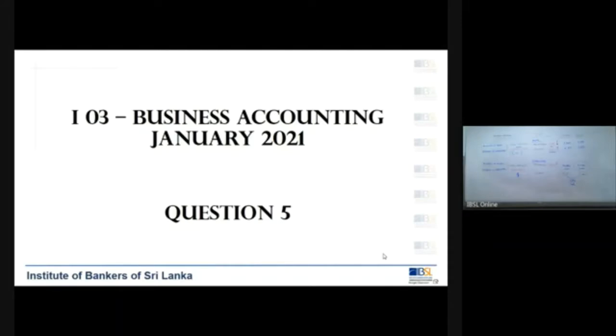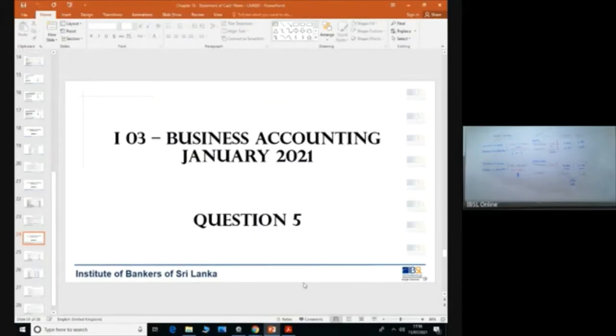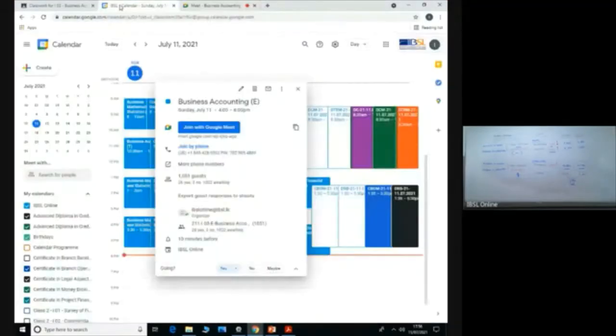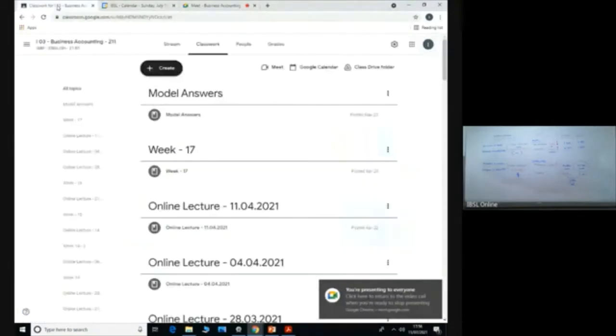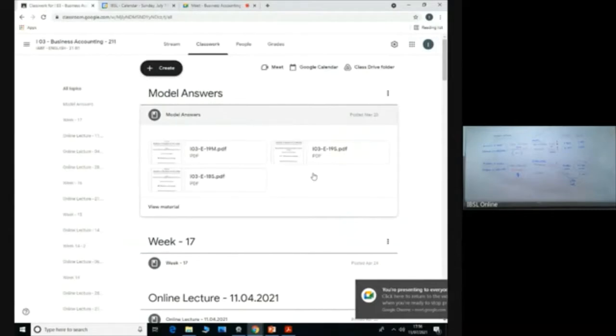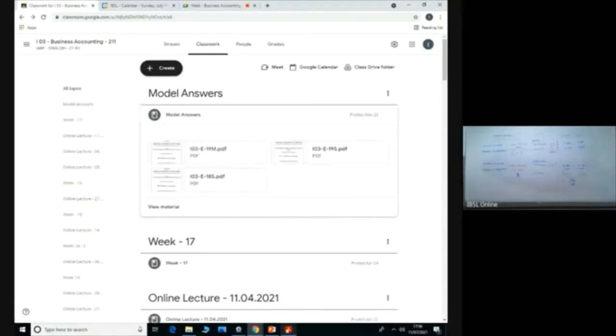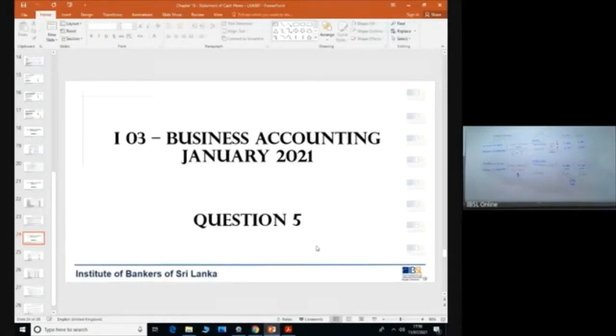And I think the paper is also posted into your portal today. Oh, sorry, it's still not there. I think they will put it. So you can take the January 2021 also.